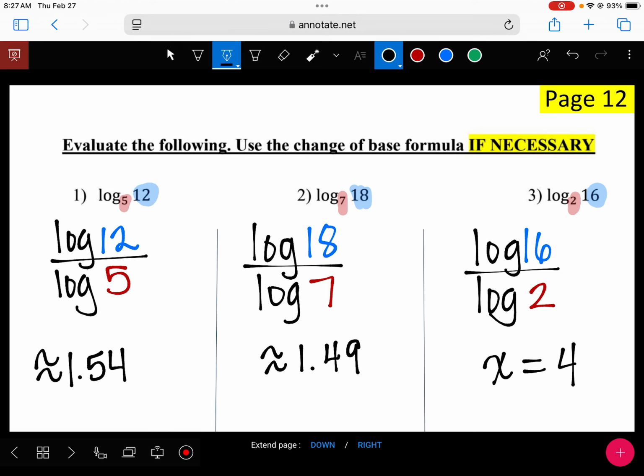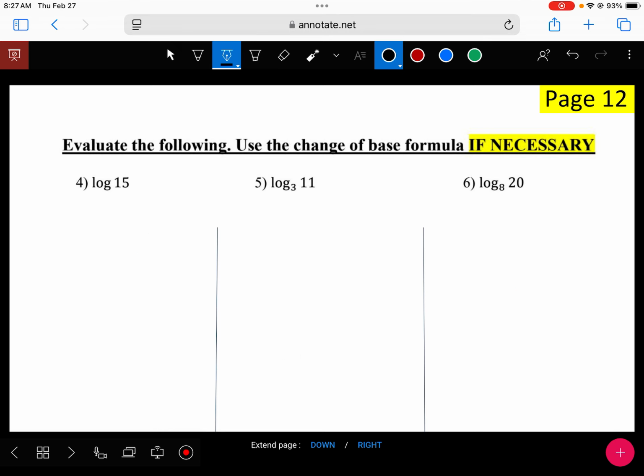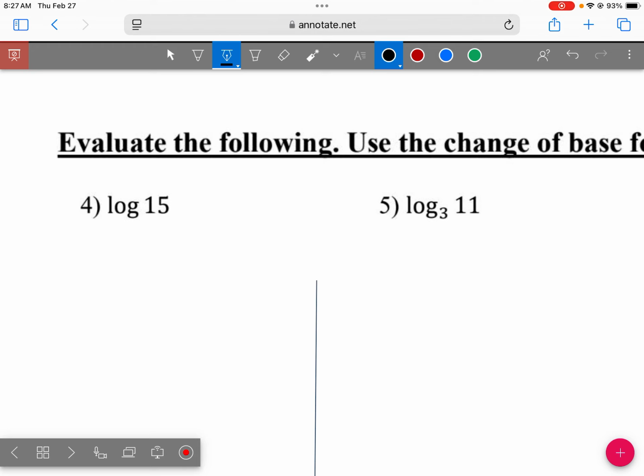All right, last one that we'll do together. And then the last 2 you'll do on your own. Do you see that for number 4, that's just a regular common log? This is a common log. So we don't need to use the formula because this has a base of 10.